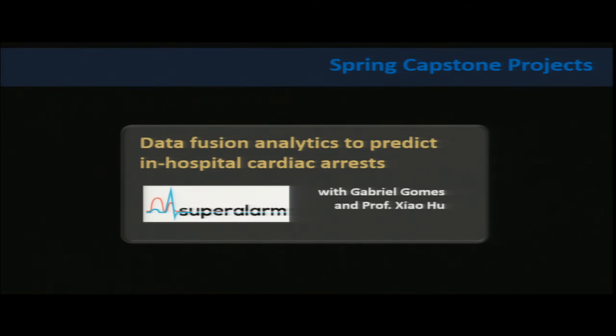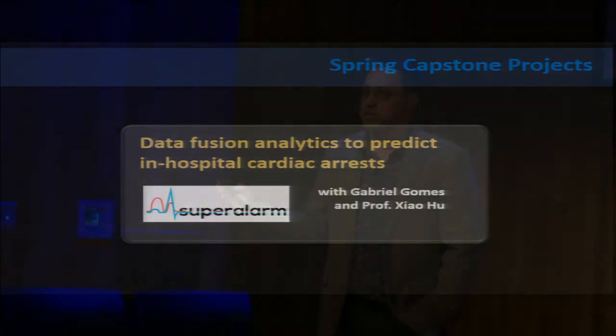Data fusion analytics to predict in-hospital cardiac arrest. This is a project that we're teaming up with Professor Xiao Hu of the UCSF School of Nursing. Professor Hu has gathered a lot of data of patients in the hospital as they lead up to a cardiac arrest in the hospital.